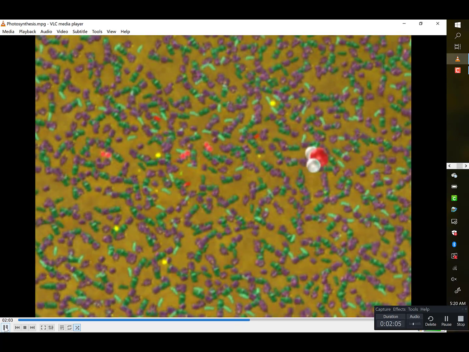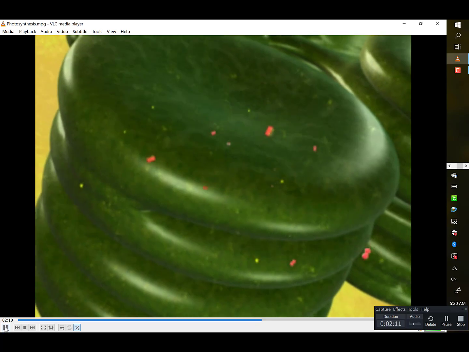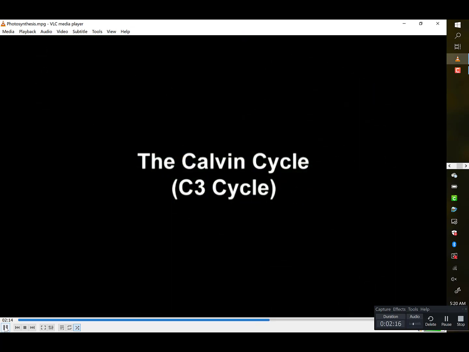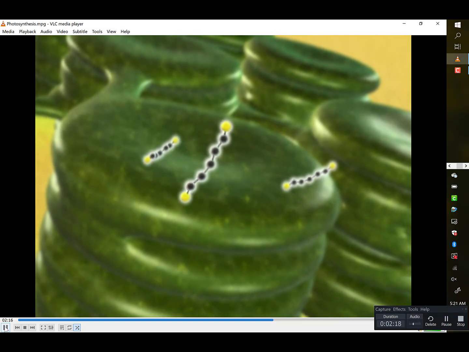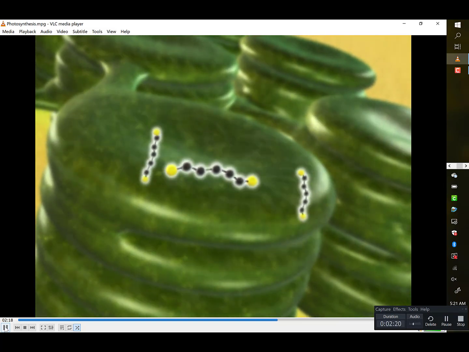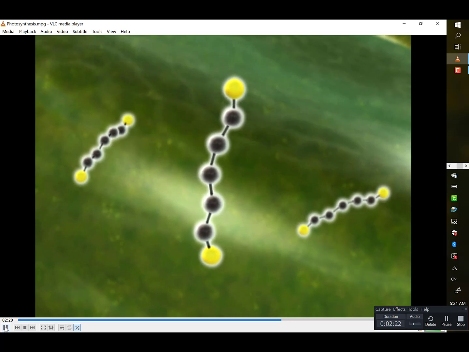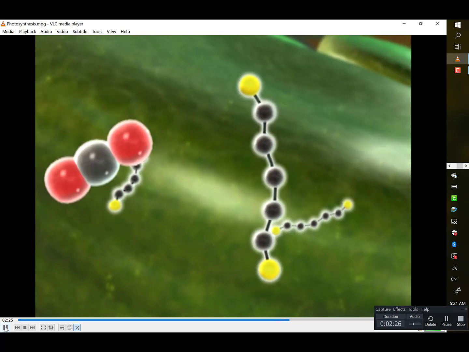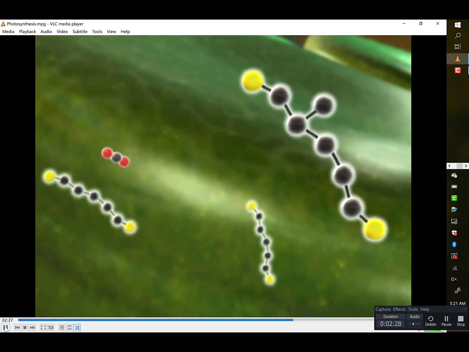The light reactions in the thylakoid have produced two energy products, ATP and NADPH, that will now power the production of sugar in the Calvin cycle. The Calvin cycle takes place outside the thylakoids in the stroma, the thick fluid of the chloroplast. At the beginning of the cycle, carbon dioxide molecules combine with molecules called RUBP.